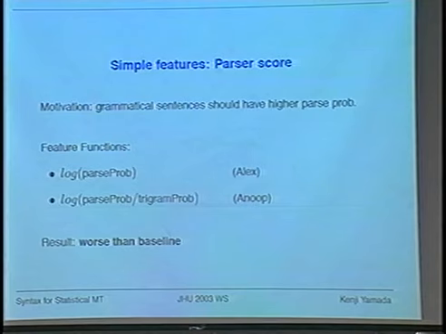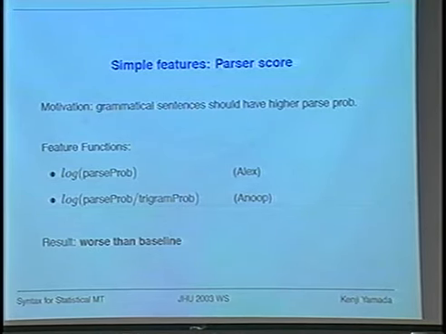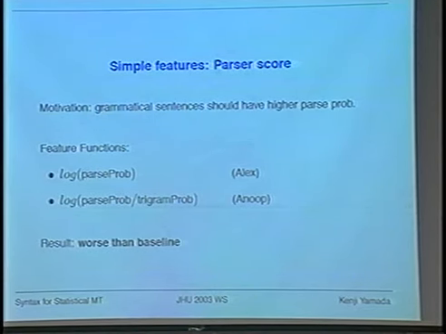So Alex and Anup and others are working on this simple feature. Just take the log of the parser probability or divide it by the trigram probability. Because the parser output generates the joint, we want to just consider the tree itself. But somehow the simple way of using it is not good.